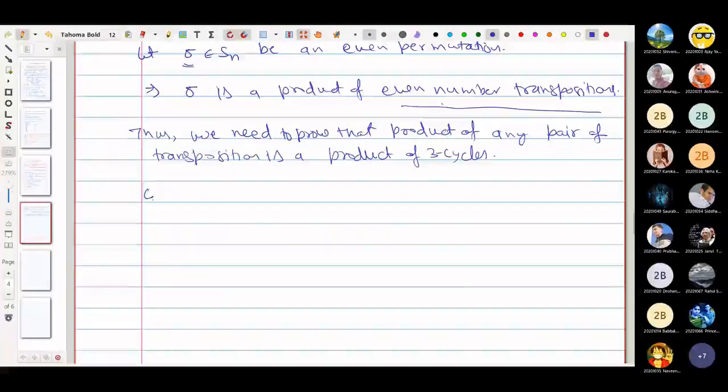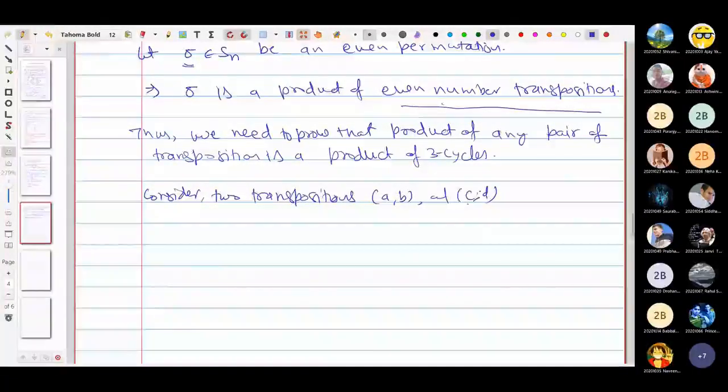Okay, so let us consider two transpositions, AB and CD. There are 3 cases we can consider here.